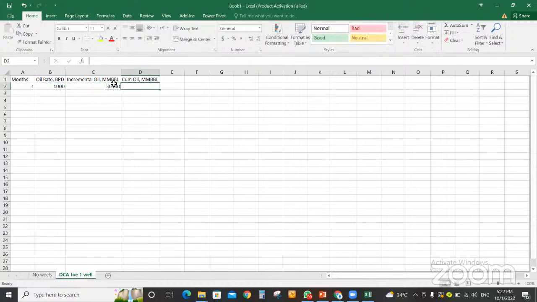Then here it should be divided by a million. And that is the cumulative oil production at the first month.